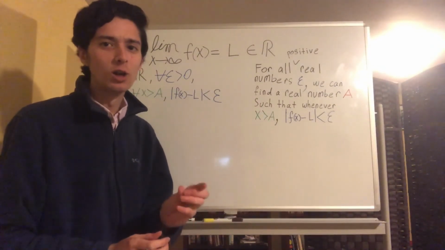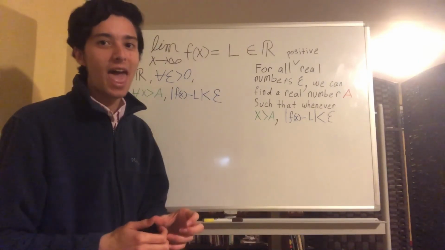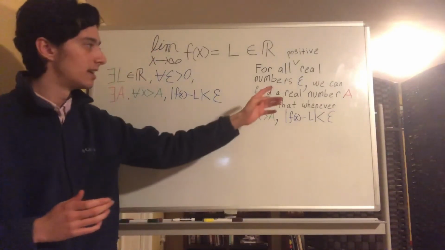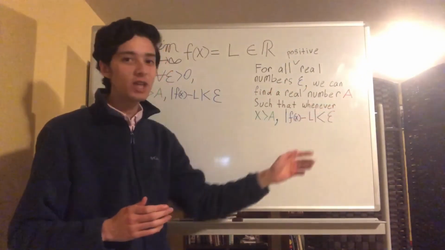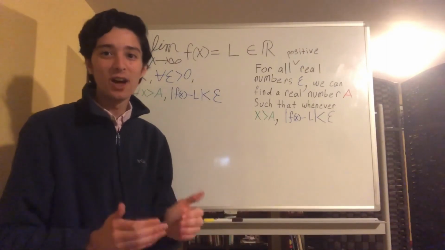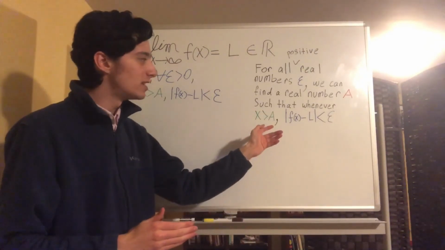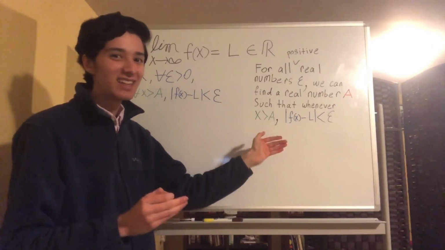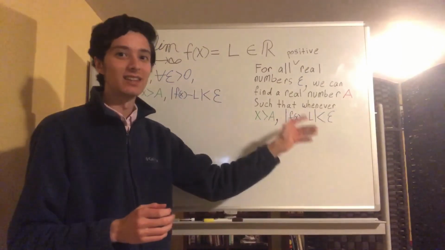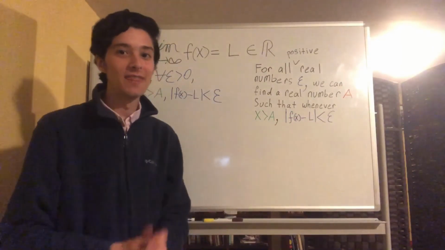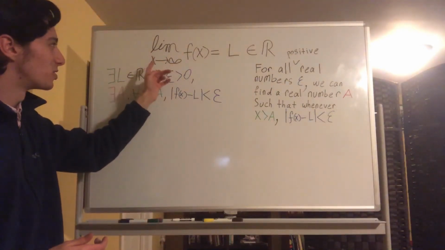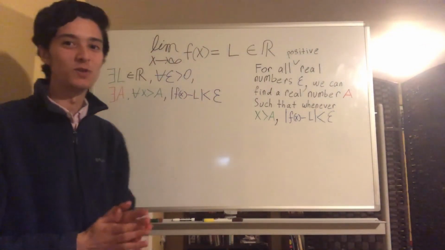So no matter how close they're saying that f of x and L need to be, we can still find a real number a, such that for all those x values greater than a, so there's that cutoff, we see that whenever x is greater than a, the distance between f of x and L is less than epsilon. And that is what it means for the limit as x approaches infinity of f of x to equal a constant.